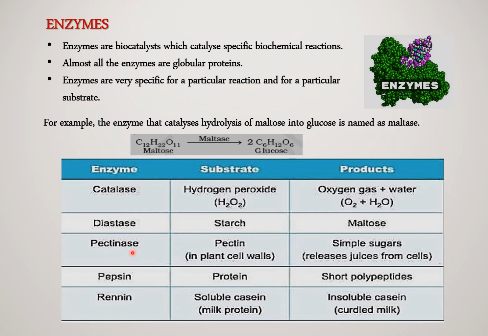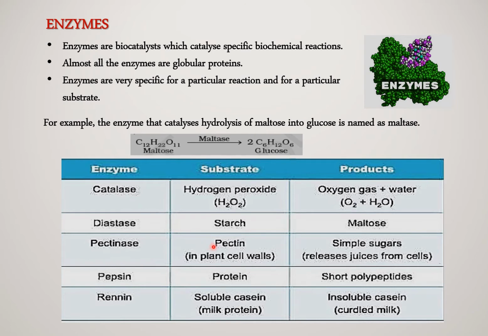For example, for hydrolysis of starch, you use the enzyme called diastase. If you're hydrolyzing maltose, you use the enzyme maltase. For the breakdown of hydrogen peroxide to give oxygen and water, the enzyme is called catalase.